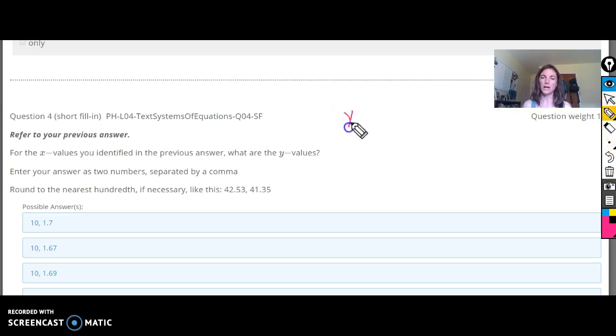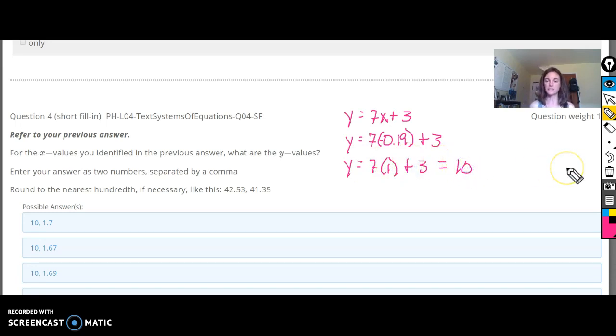All right, so we're going to do it for the easy one. We're going to say y equals 7x plus 3. And let's plug in negative 0.19 for x, and it's negative 0.19 plus 3. And y equals 7 times 1 plus 3. This one's easy. 7 times 1 plus 3 is 10. But for the other one, I do need to use my calculator.